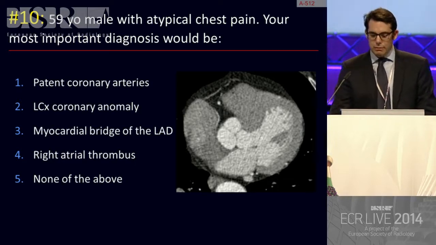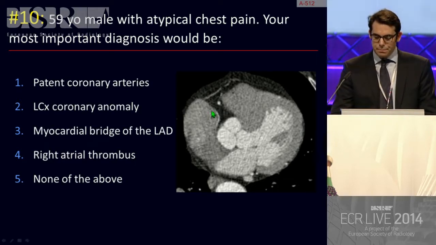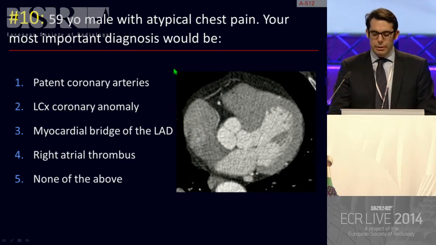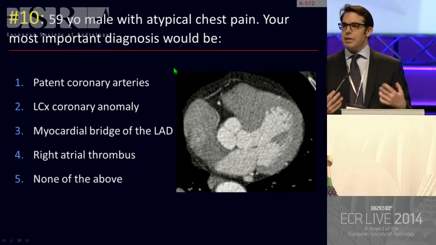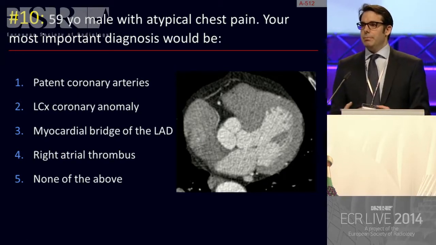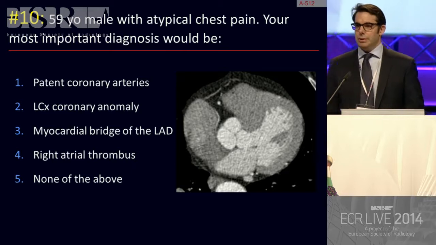Or: he has a circumflex anomaly. There is a myocardial bridging of the LAD, a superficial bridge. He has a radius of thrombus, or none of the above. So if you see this image, what would be your most important diagnosis in this particular patient?